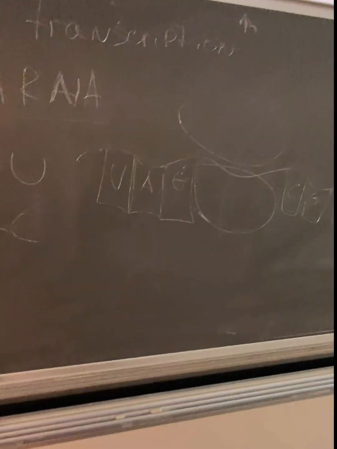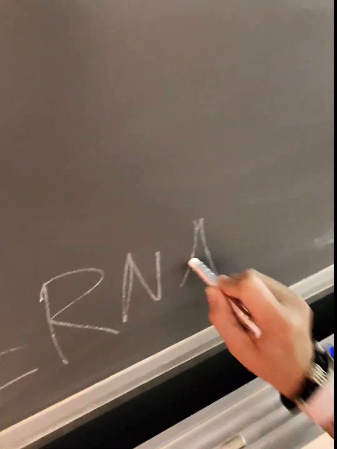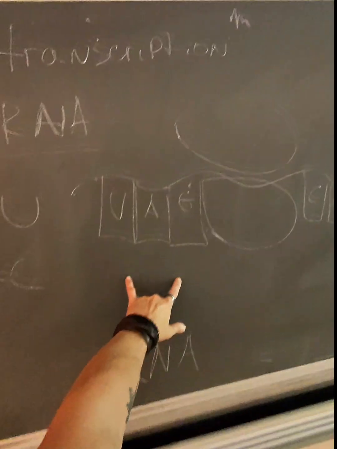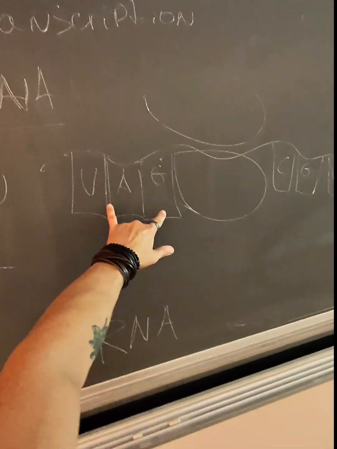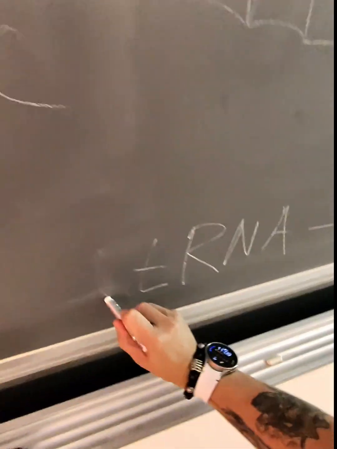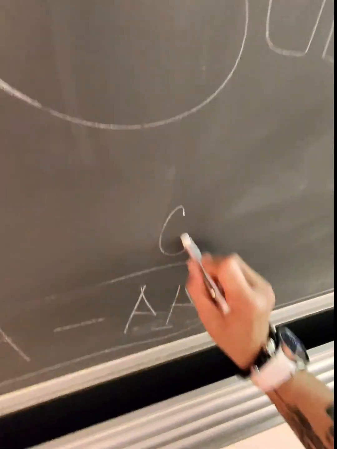So now, another type of RNA, which is transfer RNA, will bring a corresponding amino acid with a particular anticodon that will match these codes. So let's say the amino acid for this particular code, for these nucleotides, is glycine.